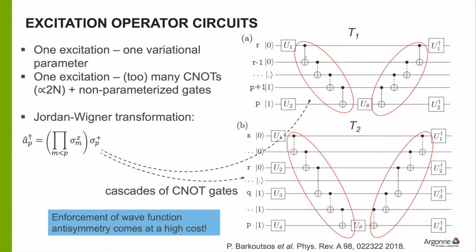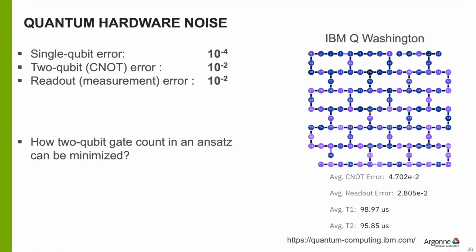You always have these cascades of two-qubit gates, which are CNOT gates that connect the orbitals from the excited electrons to other orbitals. And basically all of them are connected through these CNOT gates. And really the problem with this is that each CNOT gate has a quite large error associated with it.